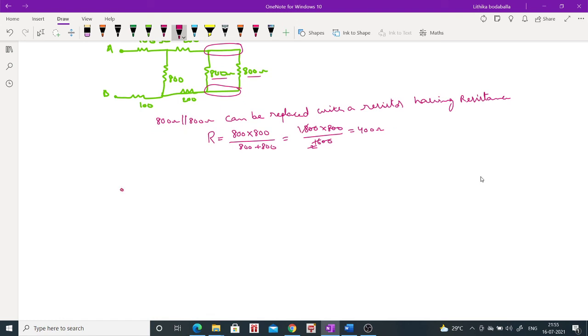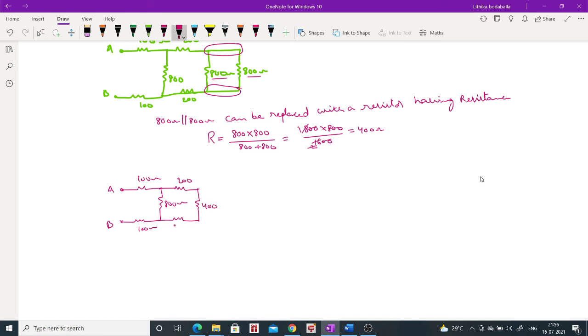Now the circuit becomes 100 ohm, 800 ohm, 100 ohm. This is A and this is B. Now this 200 and these two 800s are replaced with a 400 ohm resistor.